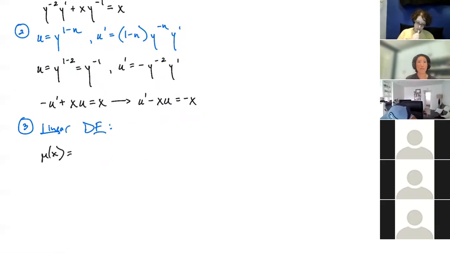I'll give you a moment to find your mu of x for this. I think this is a great example of, again, let's be really careful about the sign of our p of x, because that will impact our answer for the mu of x.